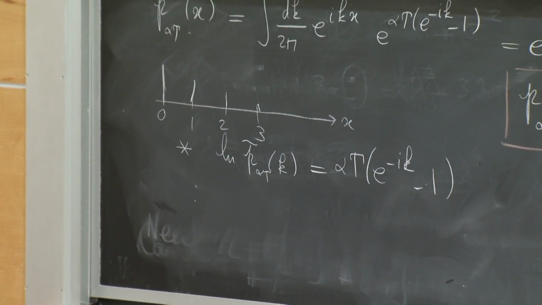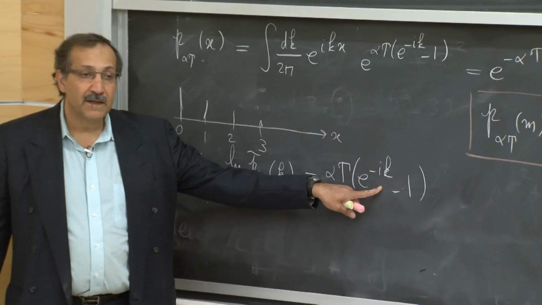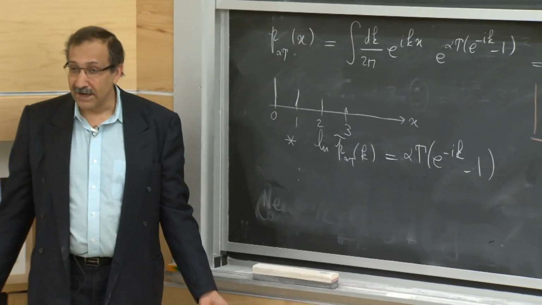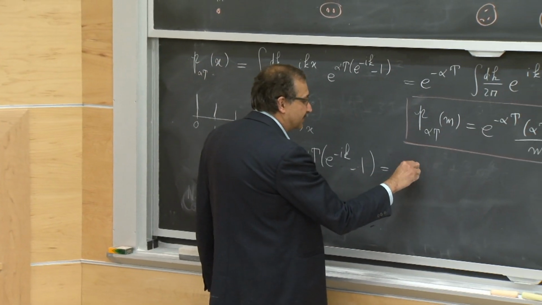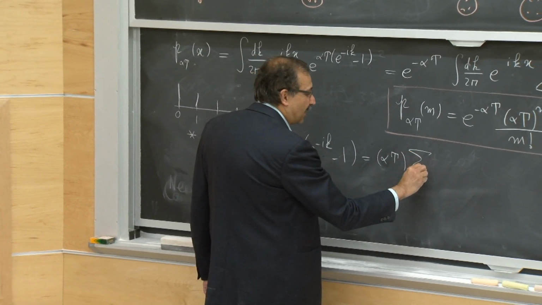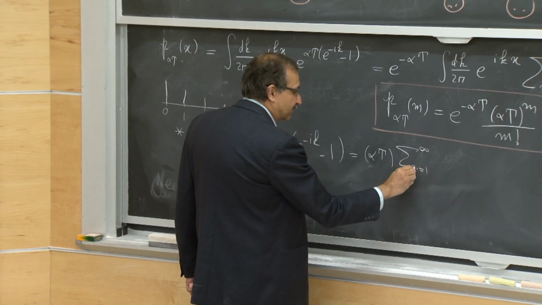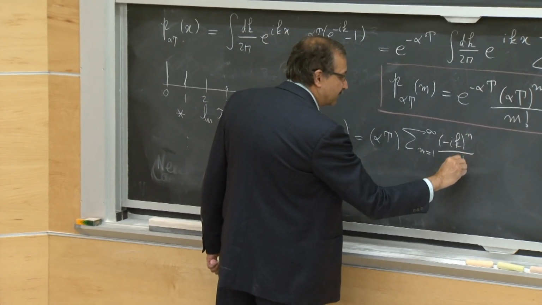So now I can make an expansion of this in powers of k. So I can expand the exponential. The first term vanishes because this starts with 1. So really I have alpha t, sum n running from 1 to infinity, of (minus ik) to the power of n over n factorial.